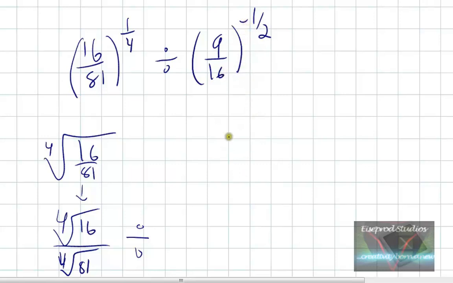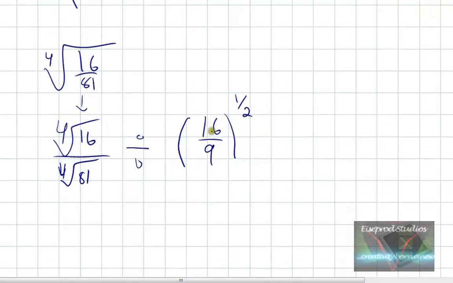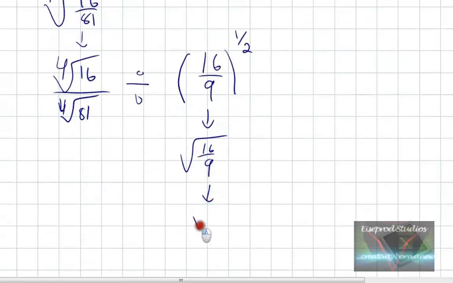So remember that when you take something to the negative 1 power, instead of being 9 over 16, it would become 16 over 9, and then it would be to the 1/2 power. Okay, and this same idea works for this. This would become the square root of 16 over 9, which is the same thing as saying the square root of 16 over the square root of 9.